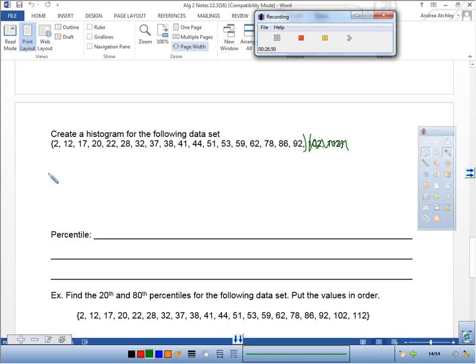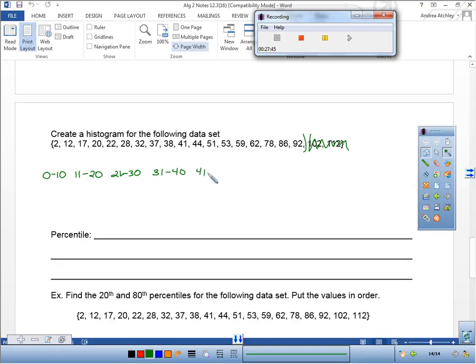Okay, so we're going to go 0 to 10. Okay, then we're going to go 11 to 20. Then we're going to go 21 to 30. Then we're going to go 31 to 40.